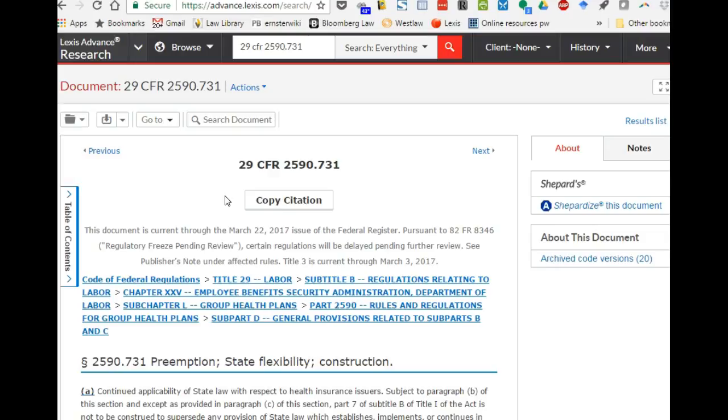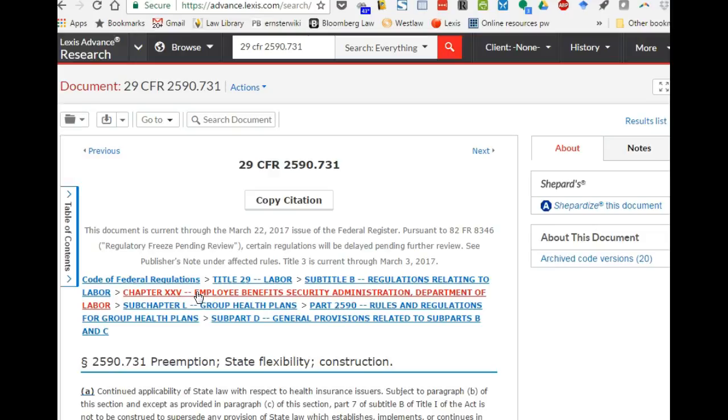But here again, because that specialized terminology is so difficult to identify, looking at the table of contents is going to be really important. So, for instance, if we were able to identify that section 2590.731 was of relevance, we might want to take a look and see, going up the hierarchy, at the highest level that's going to be particularly relevant to our issues.